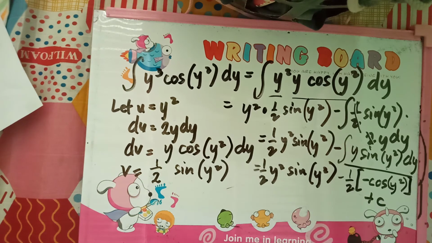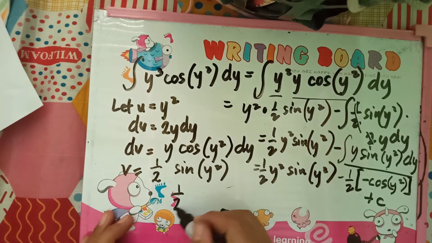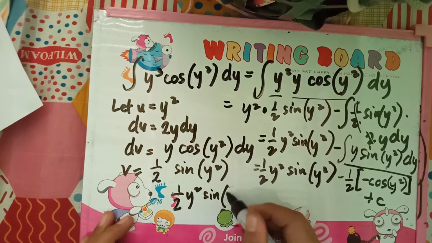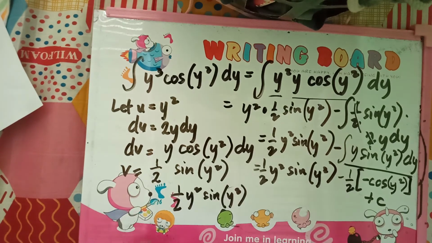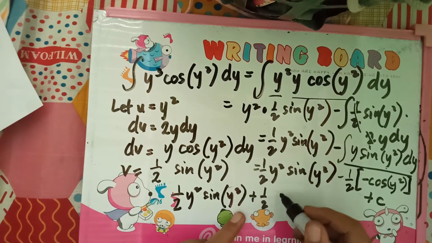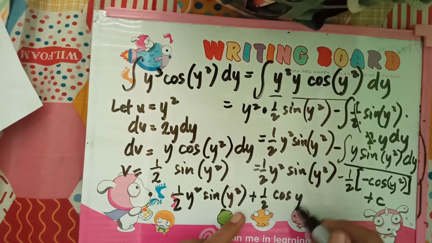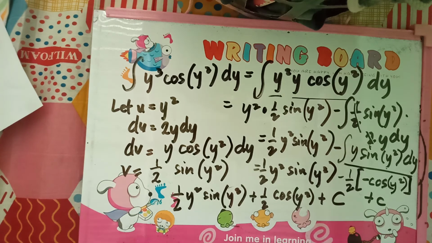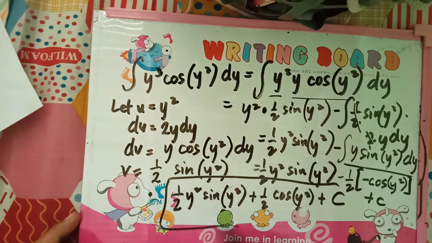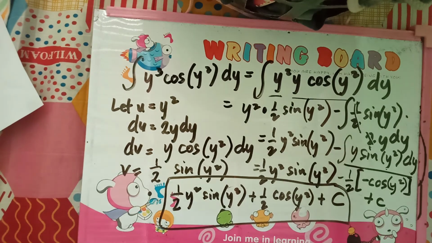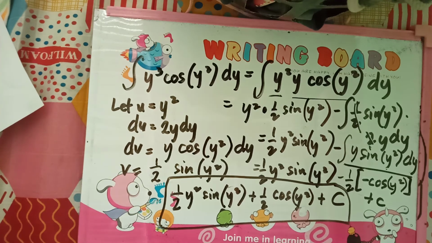So, it will be positive. So, the answer will be 1/2 y squared sine y squared plus 1/2 cosine y squared plus c. Okay, so this will be our answer. Kita ba? Yan. So, yan ang ating magiging final answer for this.